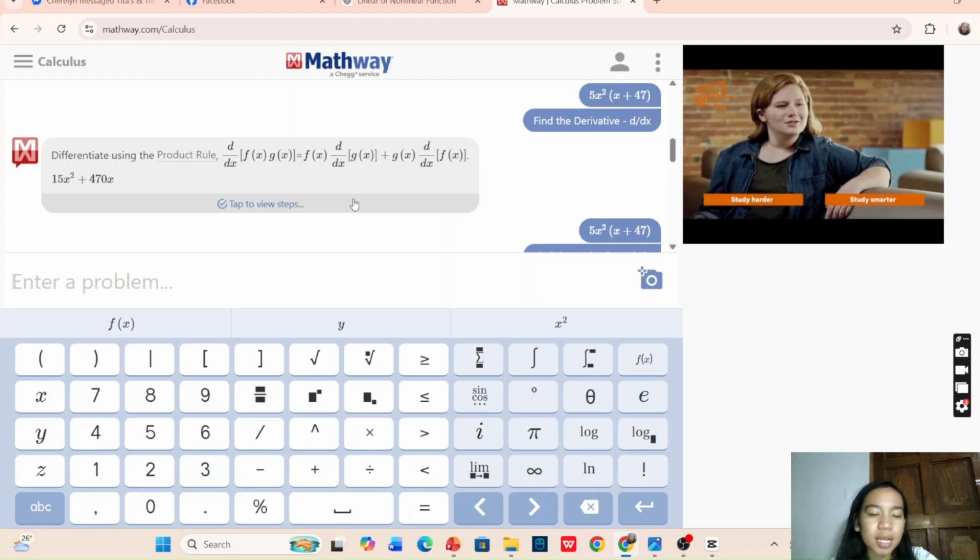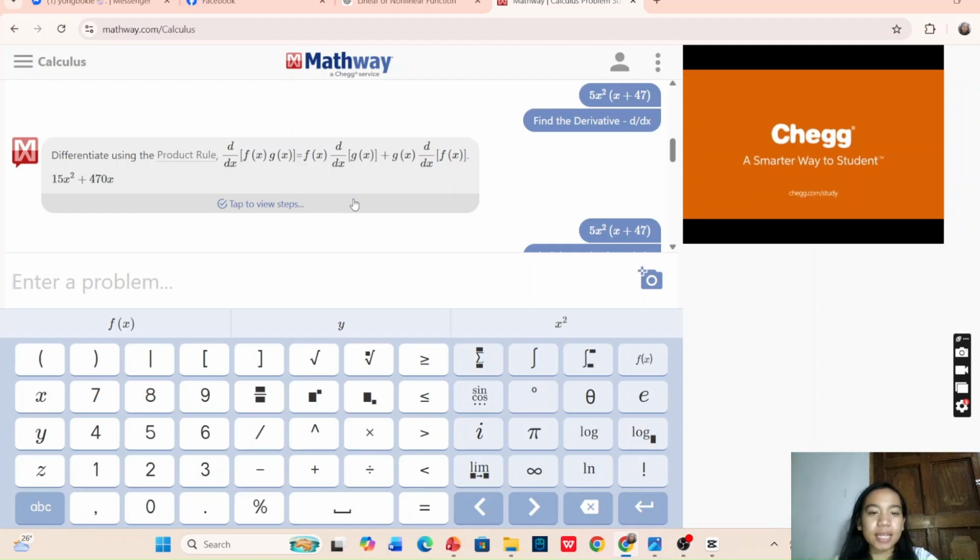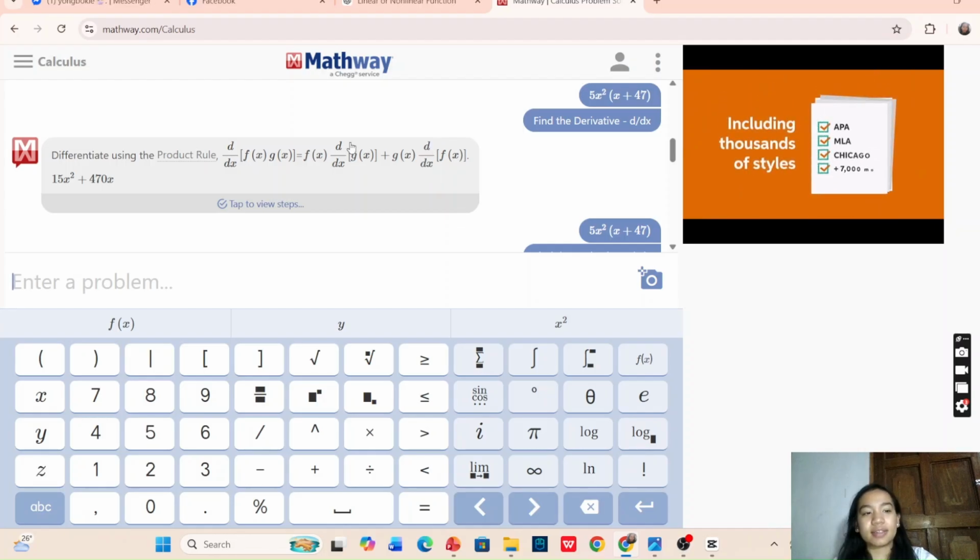Now moving on to substituting each of the items: for f of x, that is 5x squared, and then for the derivative of g of x, that is 1, the derivative of x plus 47, plus g of x, which is x plus 47, times the derivative of f of x, which is 10x.